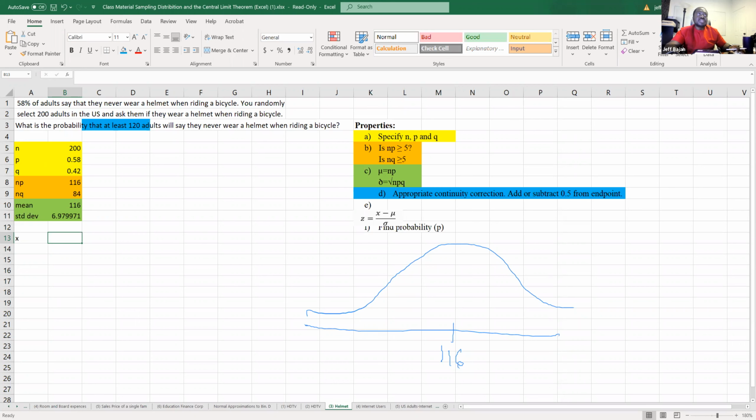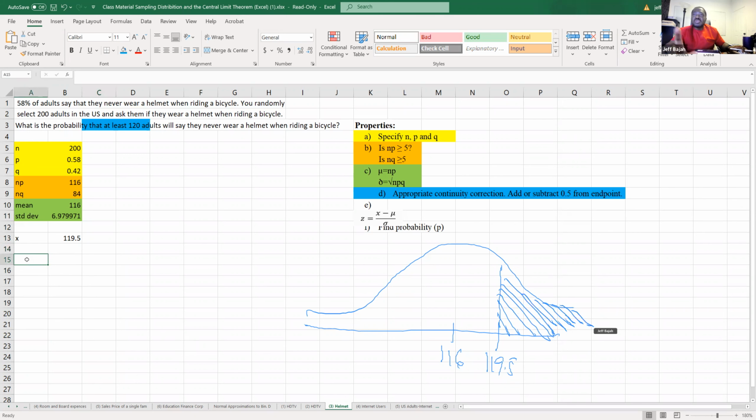Anyone? 119.5, thank you. That's correct. So that's 119.5. And so for here, we'll do the same thing, 119.5. This is at least. So we're correcting that when we're doing this.